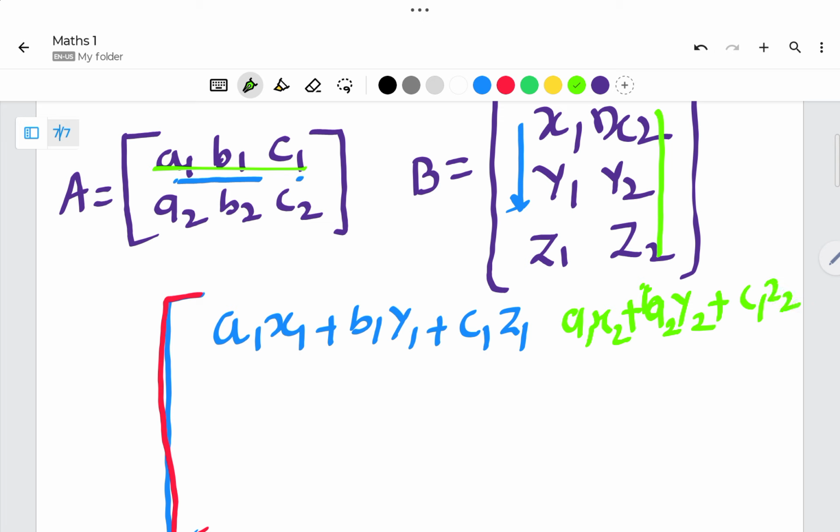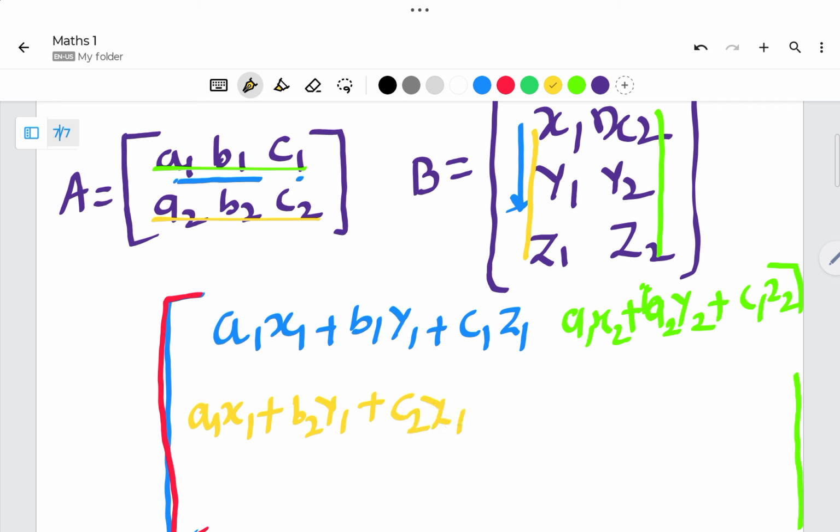Then close the bracket. Next, the second row: I have to take that row and column. So here a2 x1 plus b2 y1 plus c2 z1.